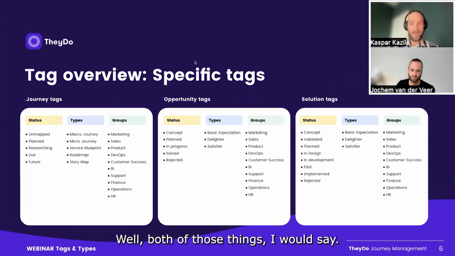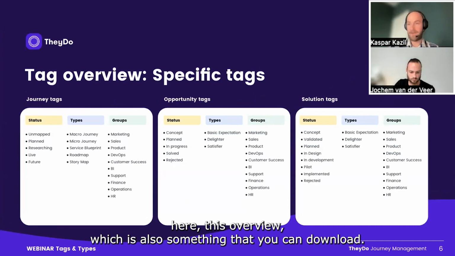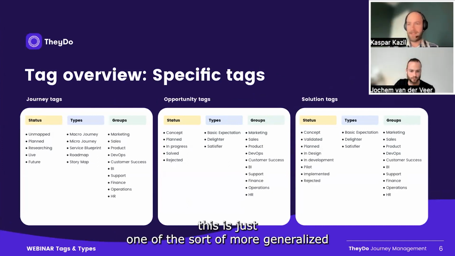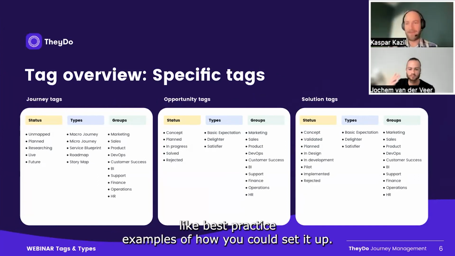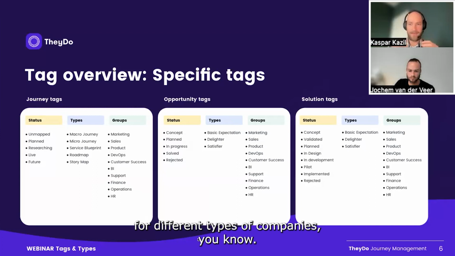Well, both of those things, I would say. Interesting that you mentioned it, because what we've created here, this overview, which is also something that you can download, as I mentioned before, is just one of the more generalized best practice examples of how you could set it up. But indeed, there are definitely differences for different types of companies.